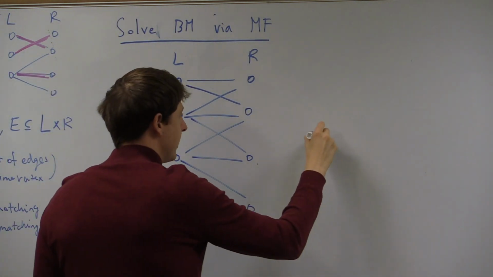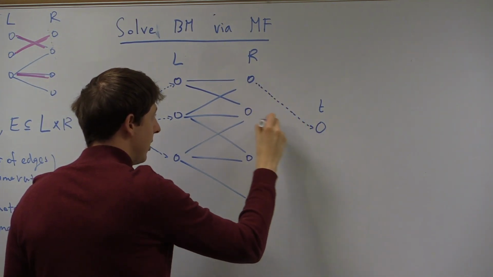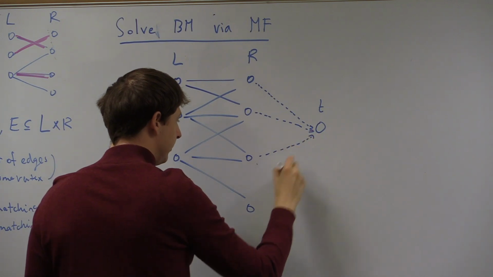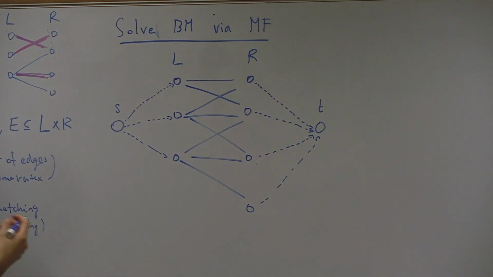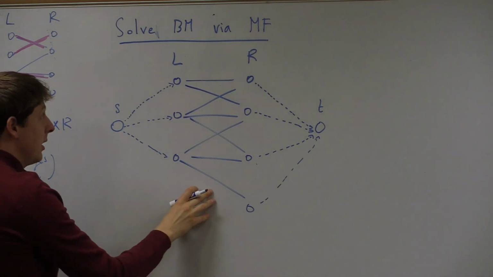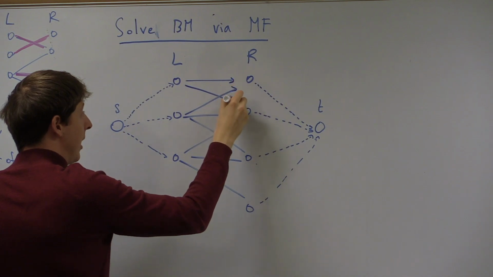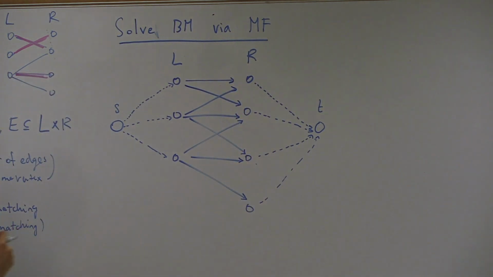We're going to introduce a sink vertex T, and we're going to connect it with directed edges from all vertices in R. And then we're going to orient all of the currently undirected edges that were already part of our instance. So here I'm adding arrows to all of the edges that were already present.